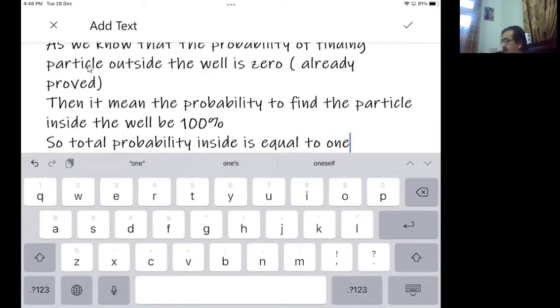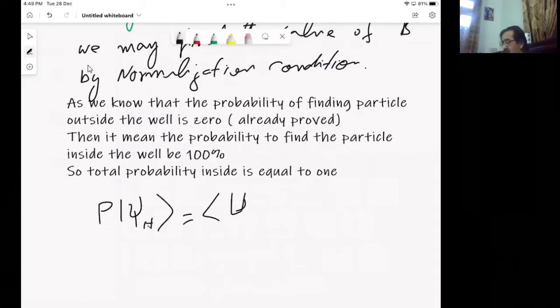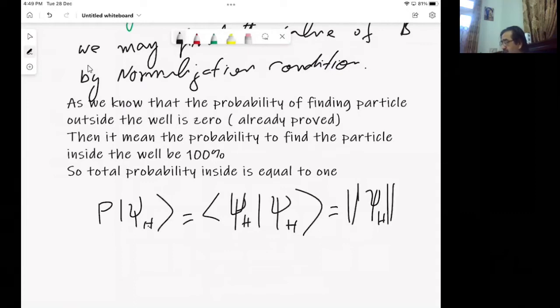So the integral of psi star psi will be equal to 1.